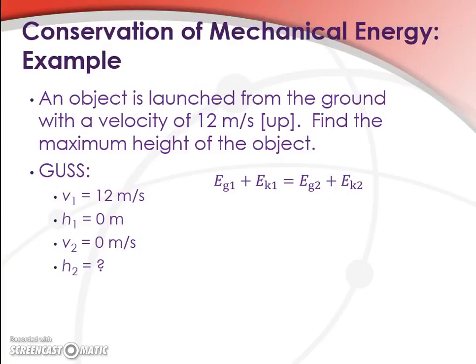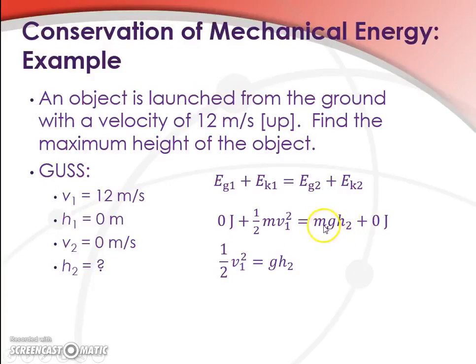So let's start with our law of conservation of energy. And then we can substitute in. We're going to speed things up a little bit by noting that when we started, our gravitational potential energy was 0 because we're at height 0. And when we finished, because it's at the maximum height, speed equals 0, which means the kinetic energy equals 0. So we can simplify the equation to be 1/2 mv squared equals mgh2.